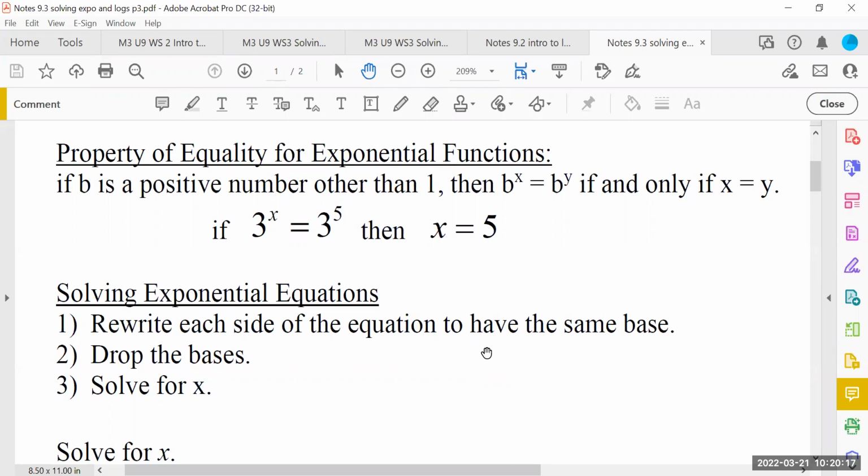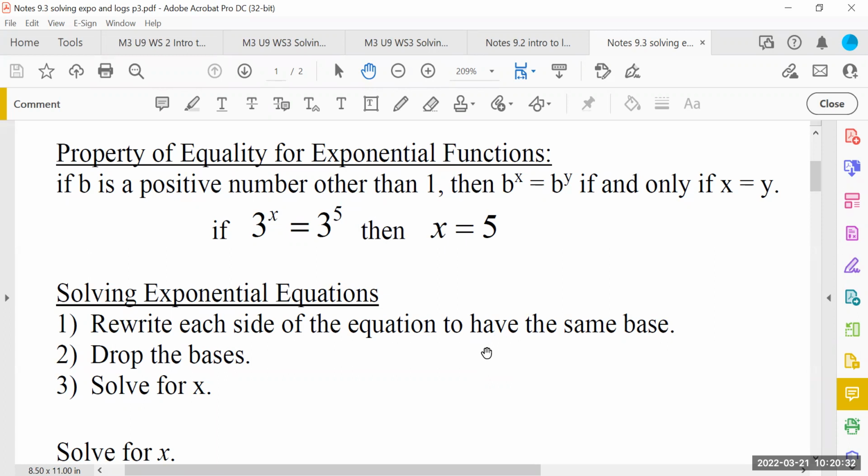That's the only way this can work. The 3's are superfluous. They're extra for solving this because they already match. Does that make sense to everybody?